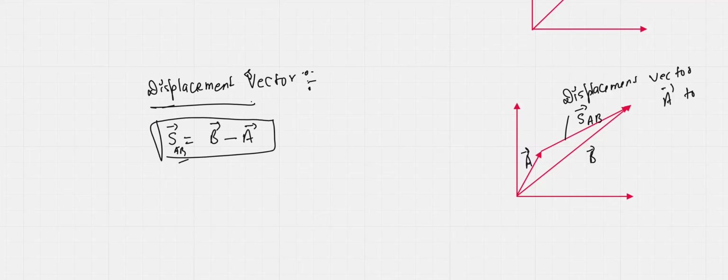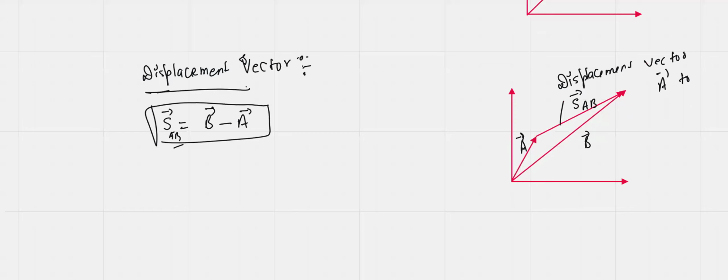If you see carefully how this equation looks, if I resolve it, it will look like A vector plus S_AB vector gives you the B vector. Just rearranging this equation. For the displacement part, we are already done with this.